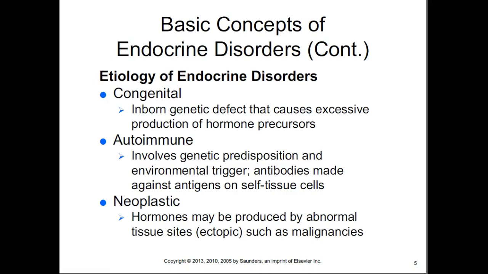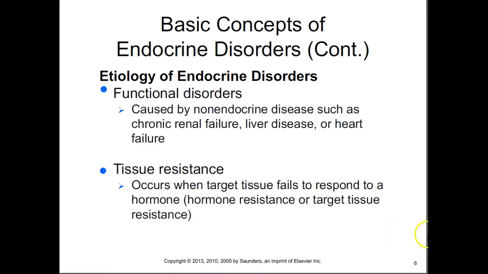Autoimmune involves a genetic predisposition and an environmental trigger, and then antibodies are made against antigens on self-tissue cells. So it's quite common to have, for example, Hashimoto's thyroiditis or Graves' disease. Those are both autoimmune. And then neoplastic: you have hormones being produced by abnormal tissue types because of malignancies.